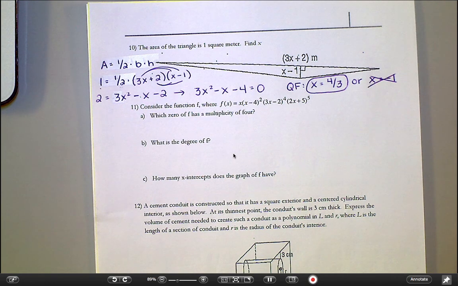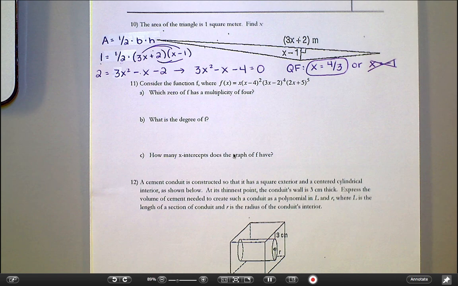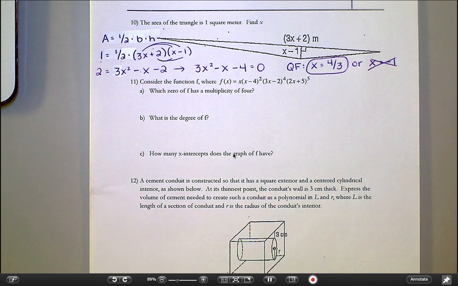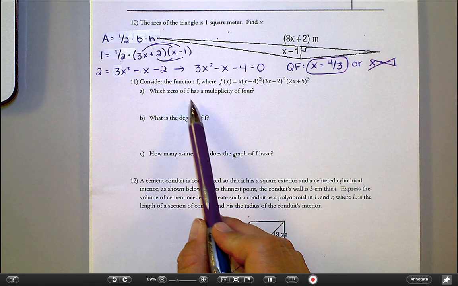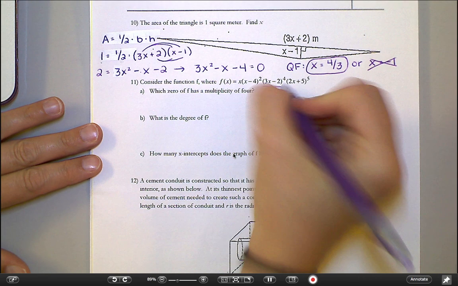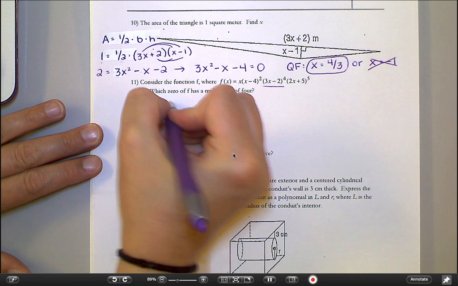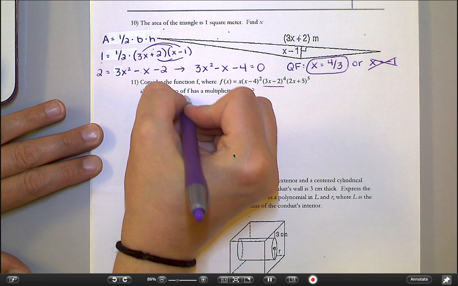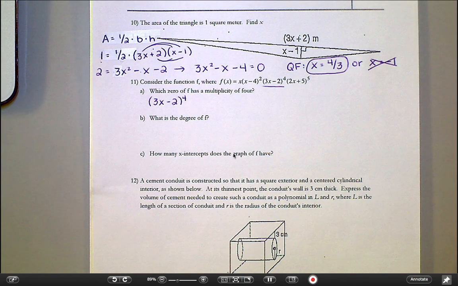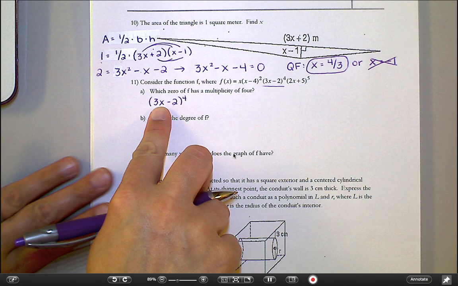Okay, number 11. We've got a polynomial there in factored form, and we're going to be talking about some multiplicities here. So what 0 has a multiplicity of 4? Well, I see a multiplicity of 4 right here, where I see 3x minus 2 to the 4th power. What I want to know, though, is what is the 0 that goes along with that? This is a factor. I want the 0.